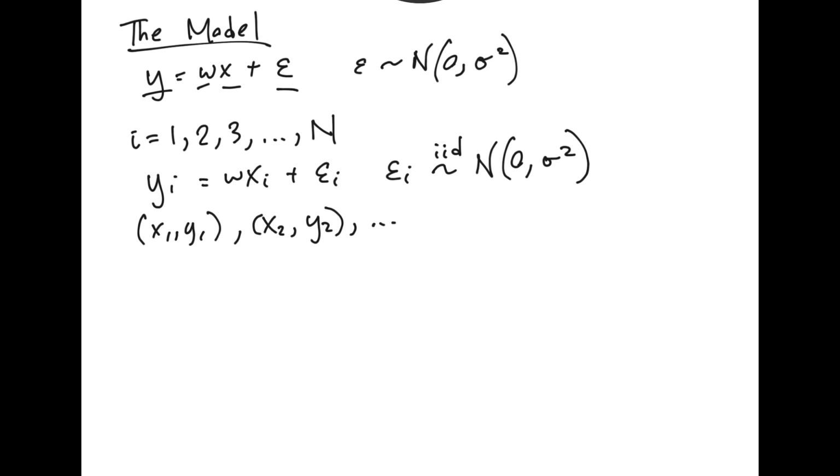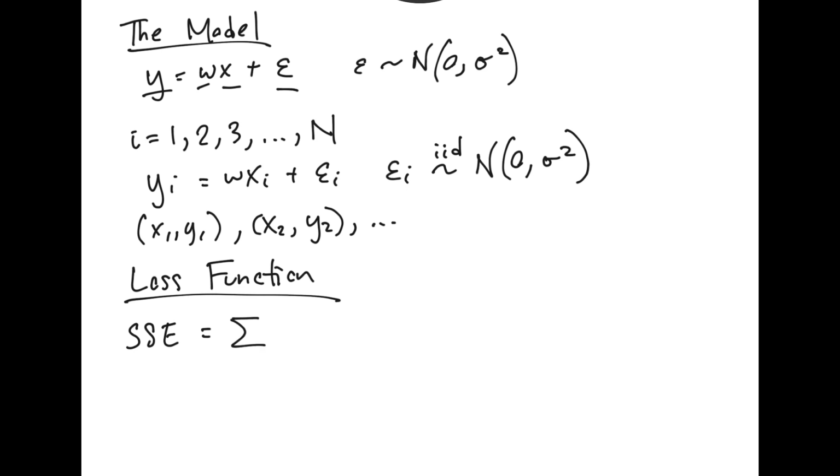For linear regression, our loss function is the sum of squared errors. We say SSE is equal to the sum from i going from 1 up to n of y sub i minus y hat sub i, squared, because we want everything to be positive.